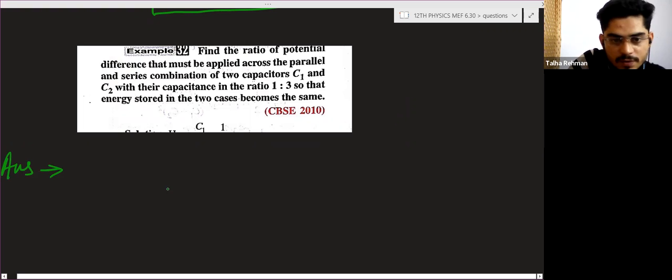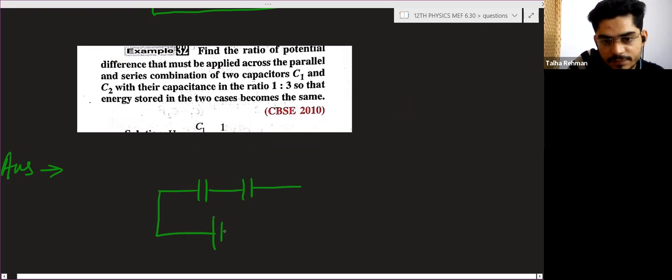So firstly I am connecting the capacitors with some potential difference, voltage V1. Here is C1 and C2.